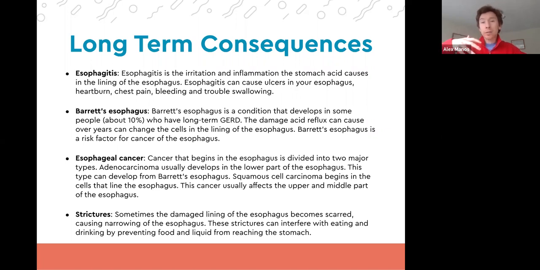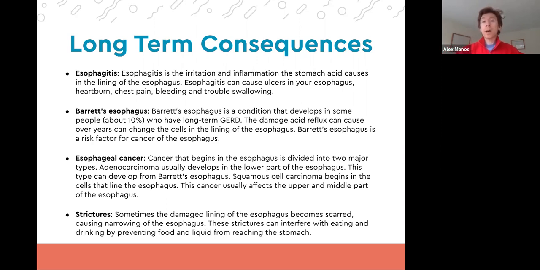Now, Barrett's esophagus develops in approximately 10% of those with long-term GERD. The damage that the reflux causes creates inflammation that can then go on, over an extended period of time, to contribute to a risk of cancer of the esophagus.